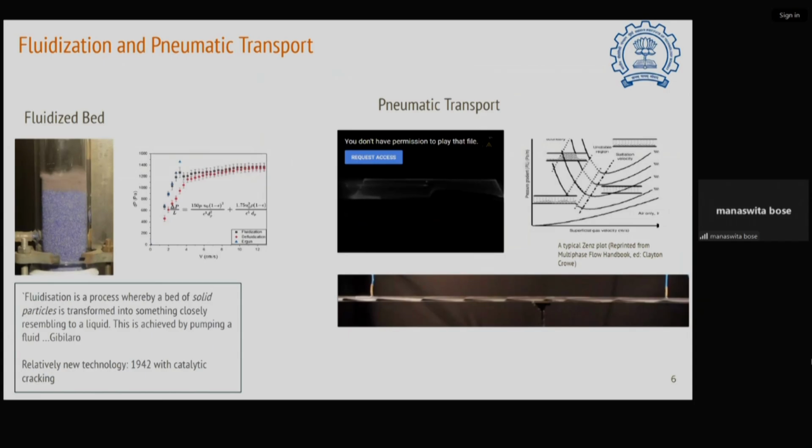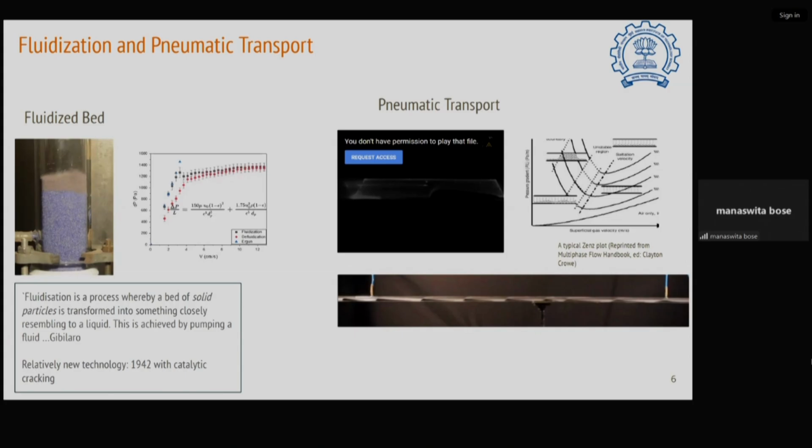Now, I won't be able to play a file because the slides are being shared by somebody else. Wherever I don't have a GIF file, I won't be able to show something. But having said that, let us just go ahead with the definition.